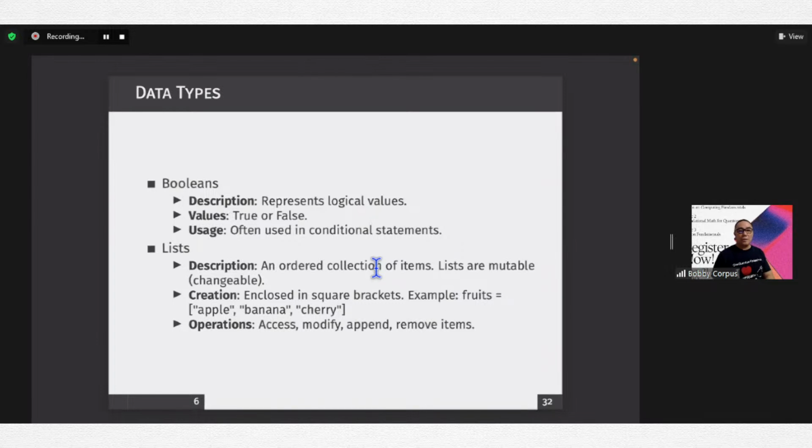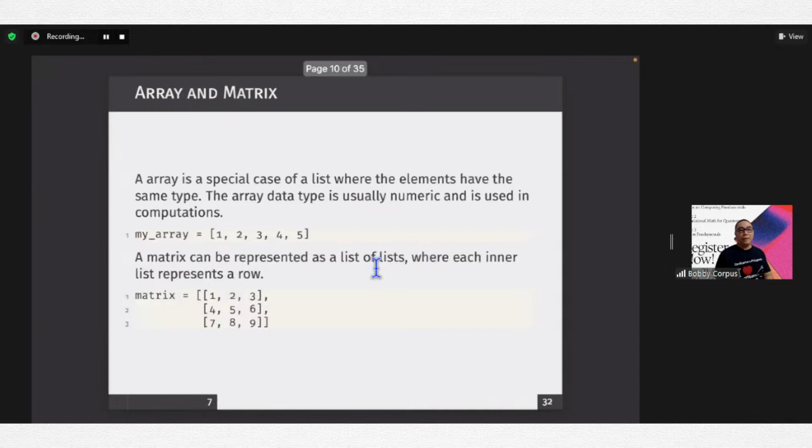And then booleans, so these are true or false, often used in conditional statements. And then list. Itong list, it can be anything, no? It can be different objects, no? Pero for our particular requirement, we just want yung arrays, no? So itong array is a list, no?